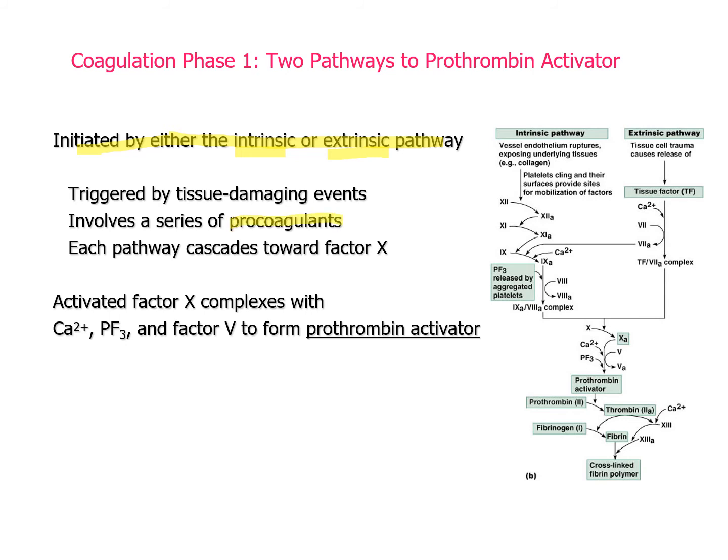All of them are called procoagulants. And each pathway cascades towards factor 10. Factor 10 is activated, complexing with these to form prothrombin activator, and then you have the pathway going here and cross-linked here.